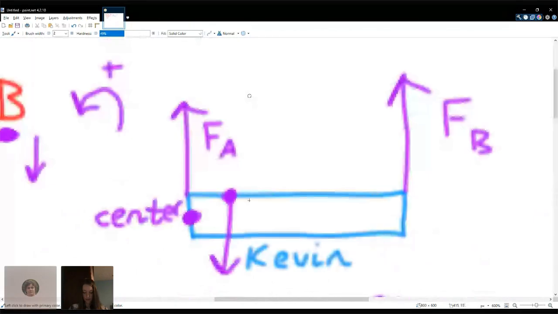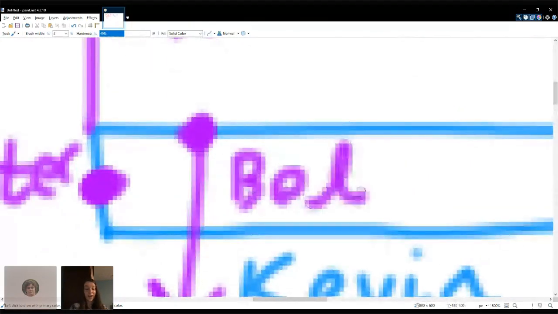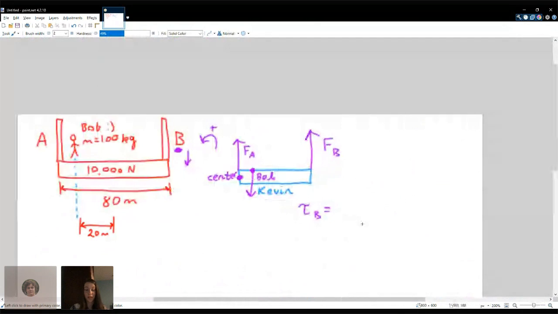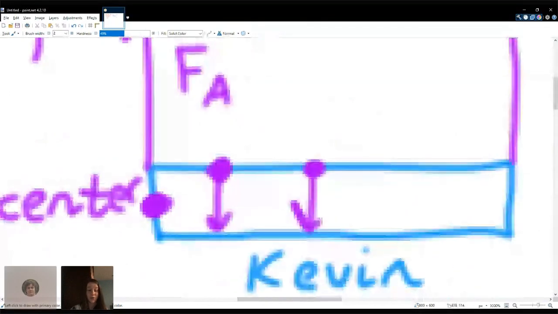So pillar B's torque is equal to the torque of Kevin plus the torque of Bob. I'm regretting naming the bridge now. We have to add the torque of Bob and the torque of the bridge to find the torque of pillar B.